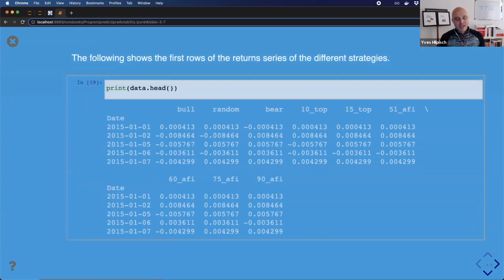So we have now the data here in the data frame, where we have the long strategy, the randomized strategy, the bearish one, 10 top, 15 top, and here the artificial AFI stands in my book for artificial financial intelligence. And we see here with the 90%, 75, almost everything is now correctly predicted.